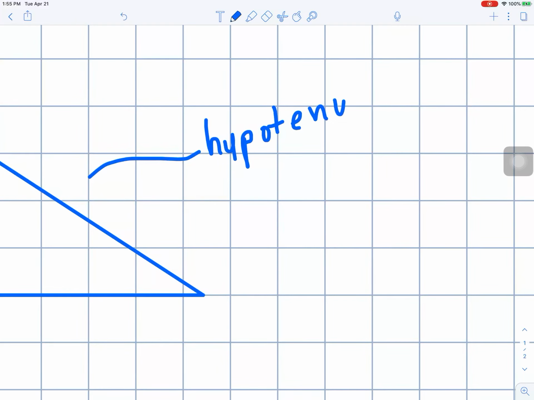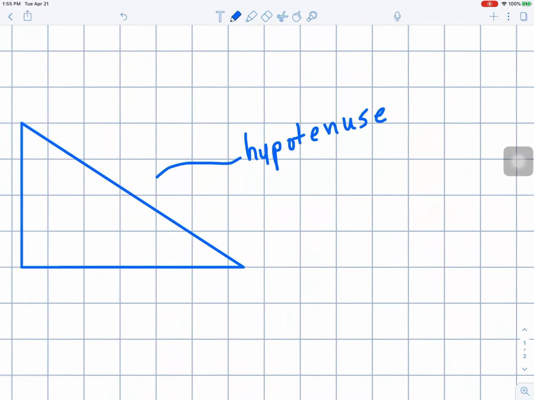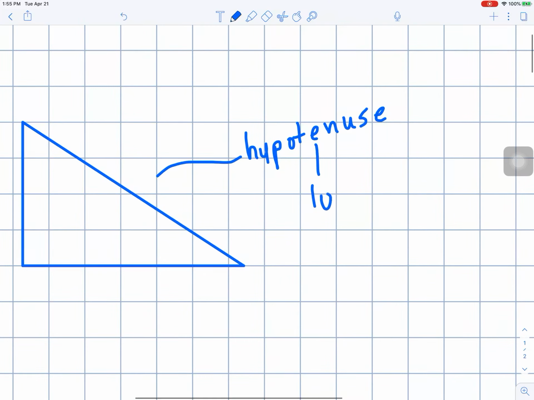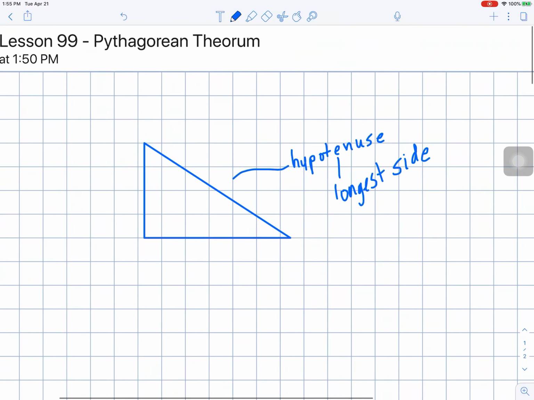This here is called the hypotenuse. That is the longest side, and the hypotenuse is always going to be opposite of the right angle.